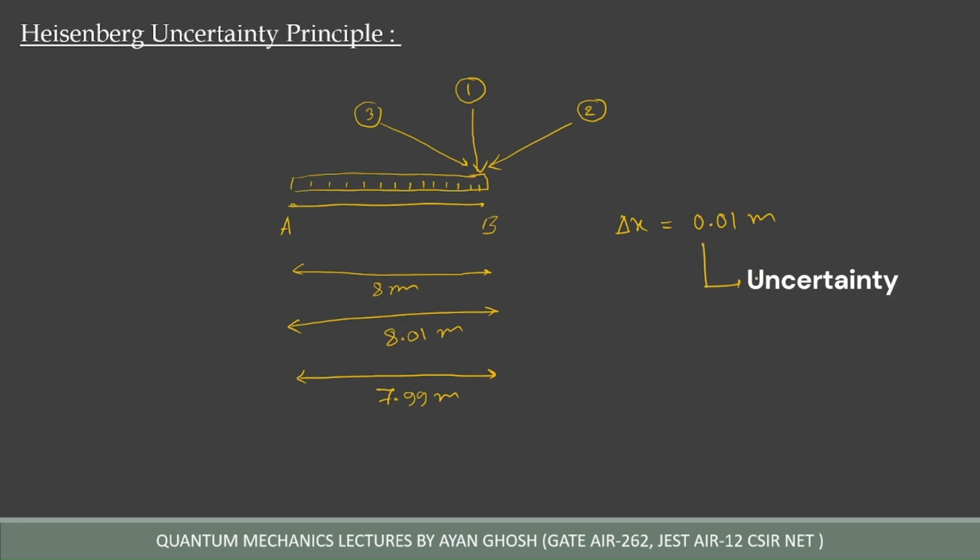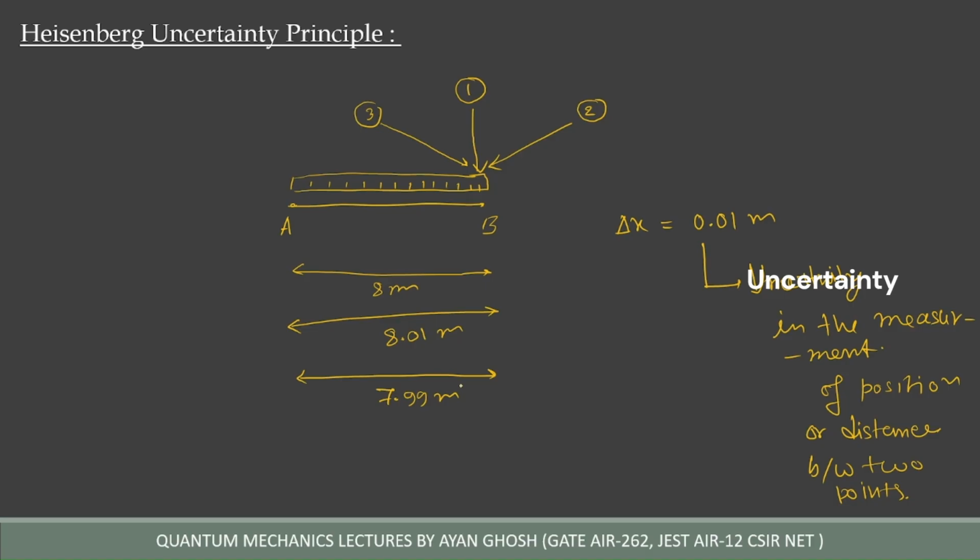This is nothing but the uncertainty in the measurement of position or distance between 2 points.